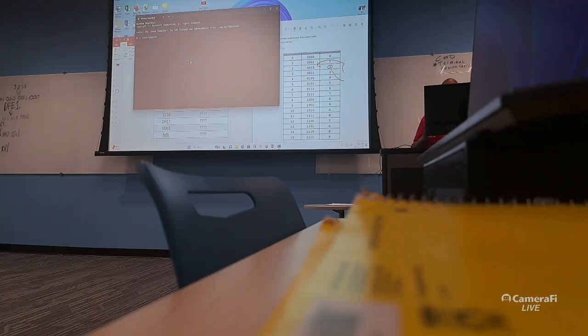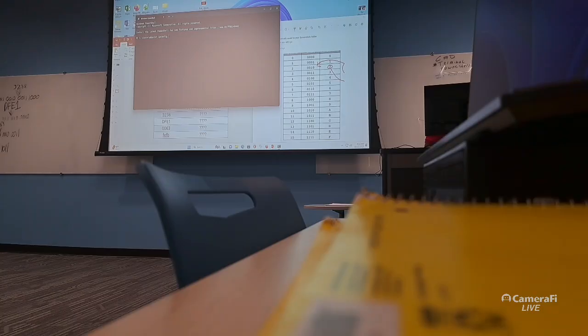Now, I want to get some information about my computer, especially related to the network. To do that, I type a command called ipconfig, space, slash all. The a can be a lowercase letter.